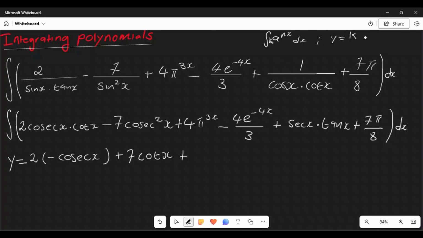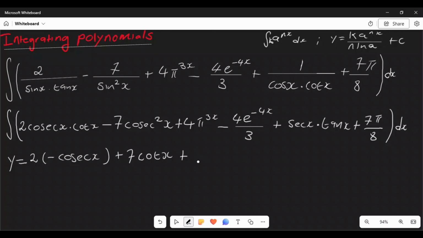When we integrate this, we write k, then a to the power of nx, over n, the coefficient of x, times the natural log of the base, which is a in this case, plus c. Do not forget that this is an indefinite integral, so we have to use this.